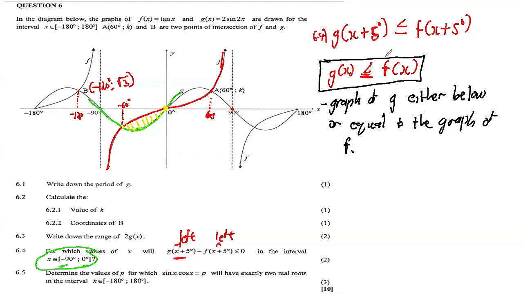So if we're answering this one, we would say this is when x is an element of negative 60 degrees included, all the way to 0 degrees included. Because these are the points where the graphs are at the same position, but after negative 60 degrees, for all the y values, we find that the graph of f is above the graph of g, up until this point, again, where they are at the same position.